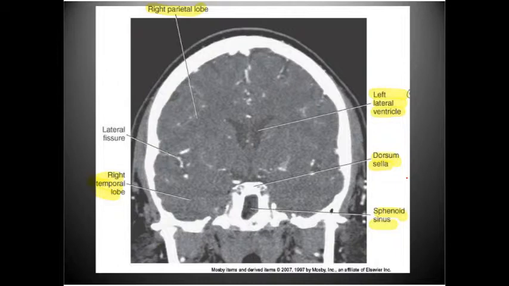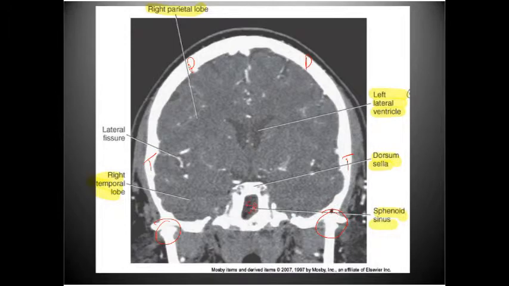Here we have a CT image. Once again, we have the parietal and temporal area, or temporal bone. We have the dorsum sellae or the sella turcica somewhere in this area. We even have the mandible, or TMJ, here.